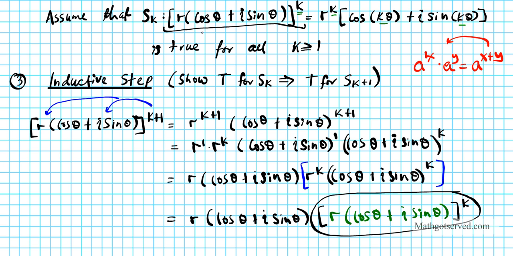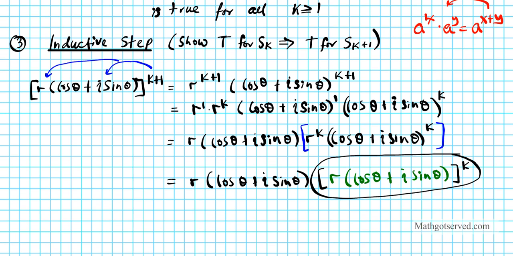Since this is the same as the left side of our assumption, guess what? Since we assume that this statement is true, we can substitute the right side with this term right here, because this matches the left side. So I'm just going to replace it with the right side of this statement here.